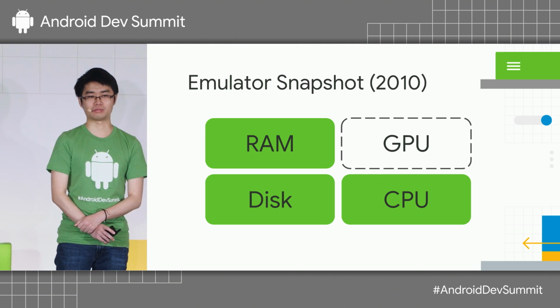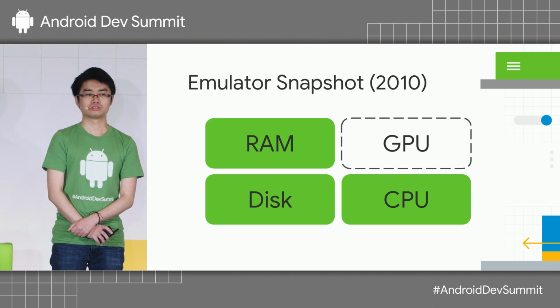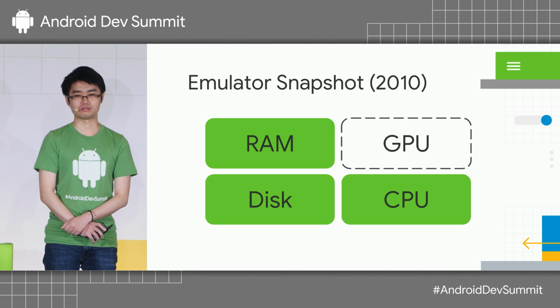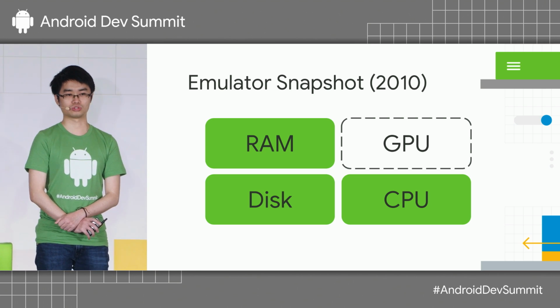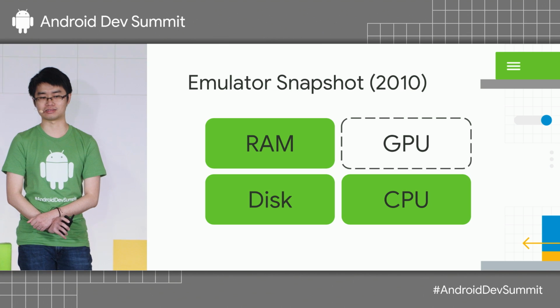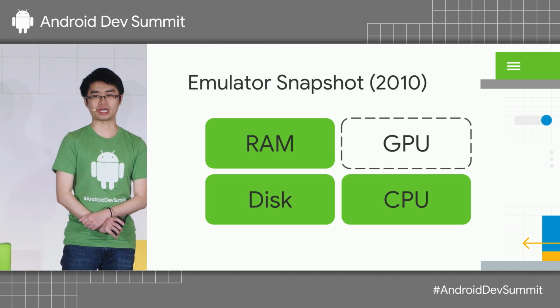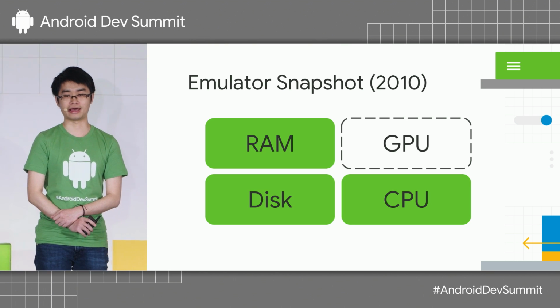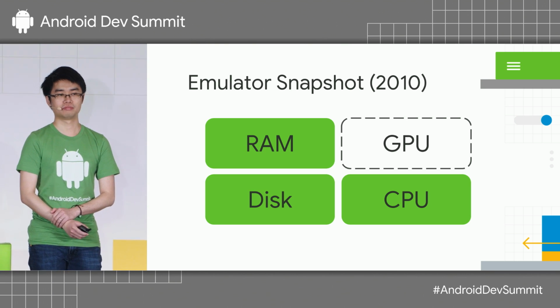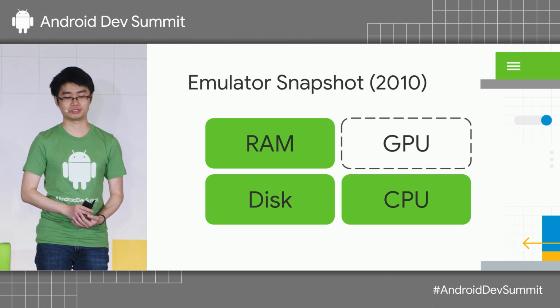The big missing part here was GPU state snapshot. So this eventually forced our users to choose between a hardware GPU emulation and the quick boot feature. If you choose the hardware GPU emulation, you'll get a pretty nice runtime performance, but your boot time will suffer and you'll need a slow boot.